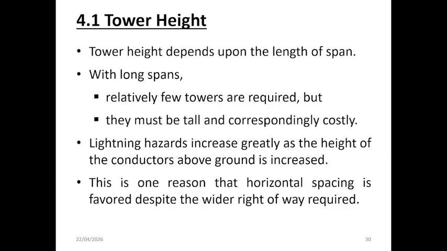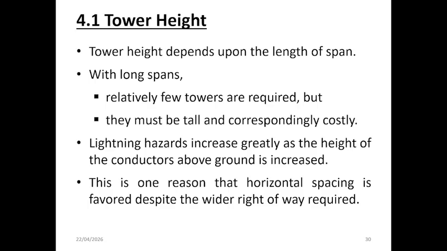However, longer spans require taller towers to maintain proper ground clearance, and these taller structures are significantly more expensive to design, manufacture, and install. In addition, increasing the height of conductors above the ground raises their exposure to lightning strikes, thereby increasing the risk of outages and insulation stress.